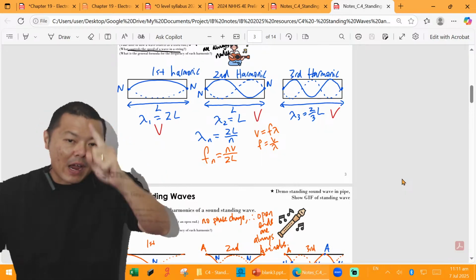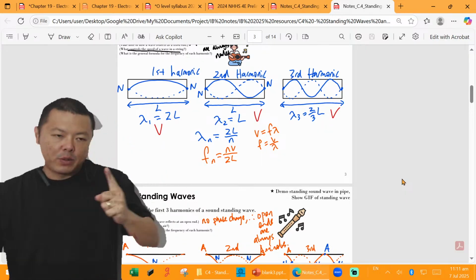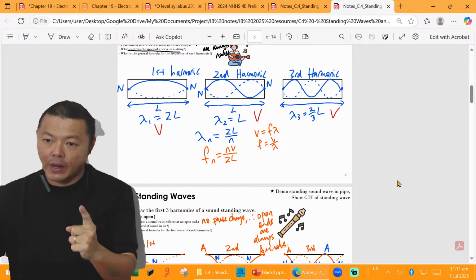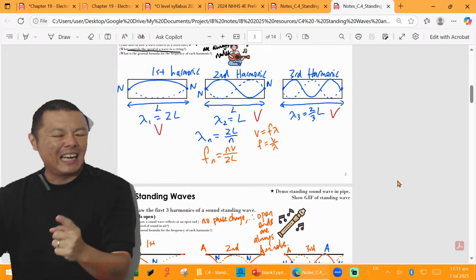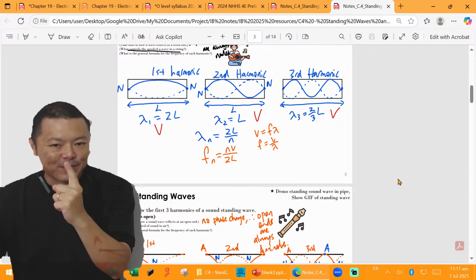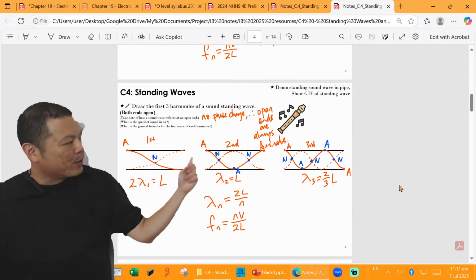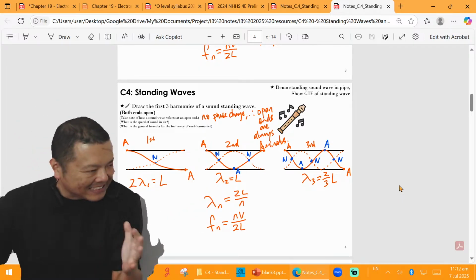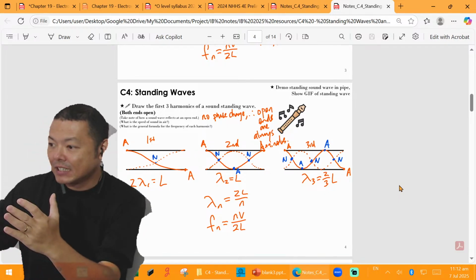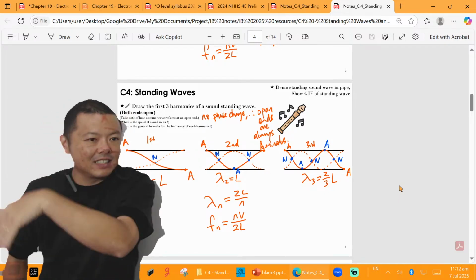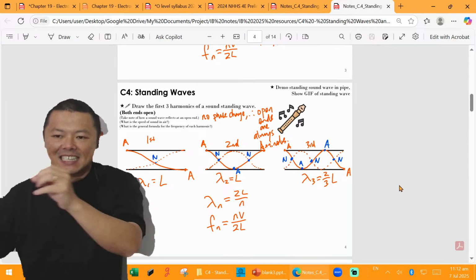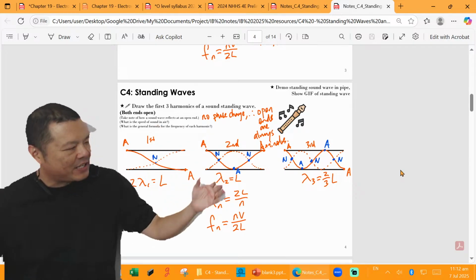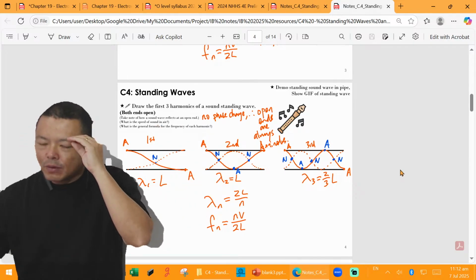But there's one very big difference between a string wave and a sound wave. What's the very big difference that you have to be very aware of? I'll shout: what's the very big difference between the string standing wave and the sound standing wave? Both ends fixed means both ends are nodes, both ends open means both ends are antinodes, but that's a subtle difference.